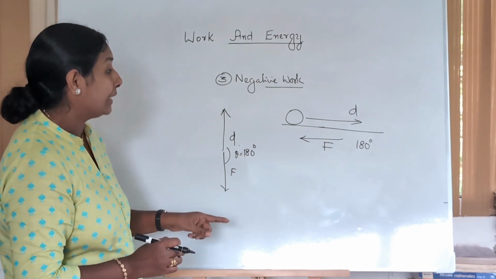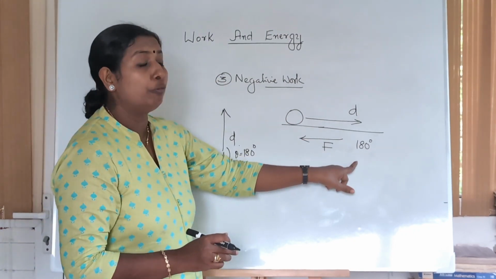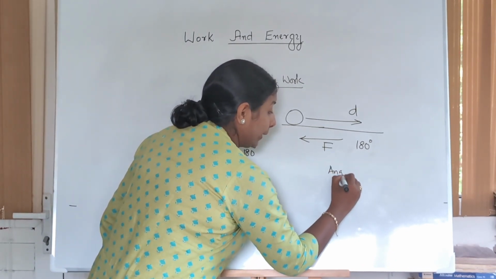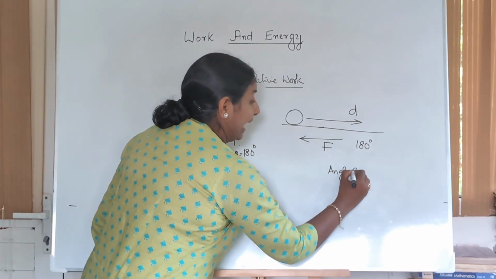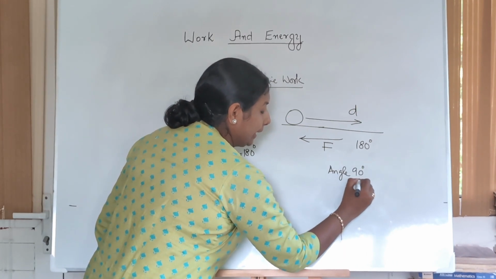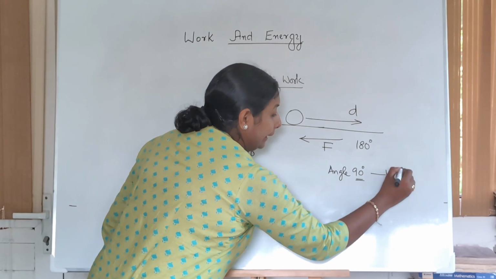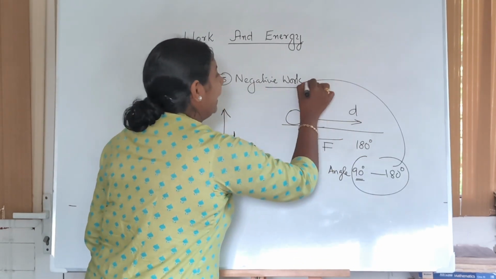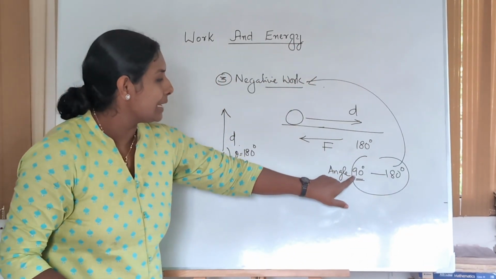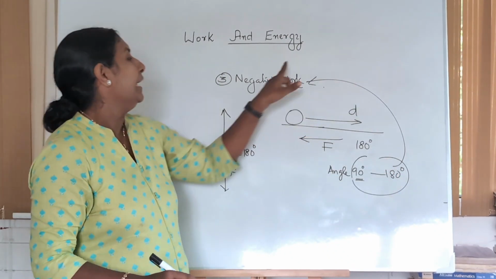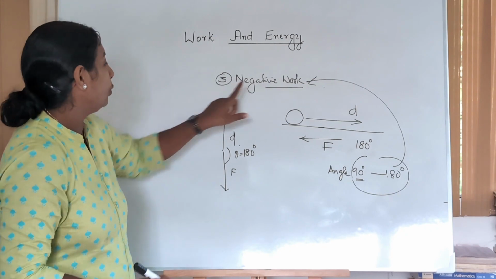Here you may note that it is not only the maximum value of 180 degrees. Any angle which ranges between just above 90 degrees and 180 degrees can make a negative work.